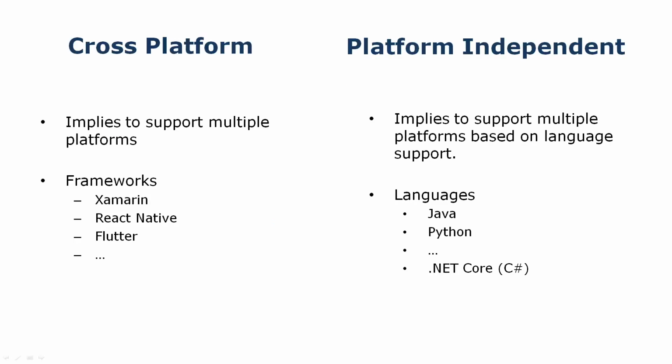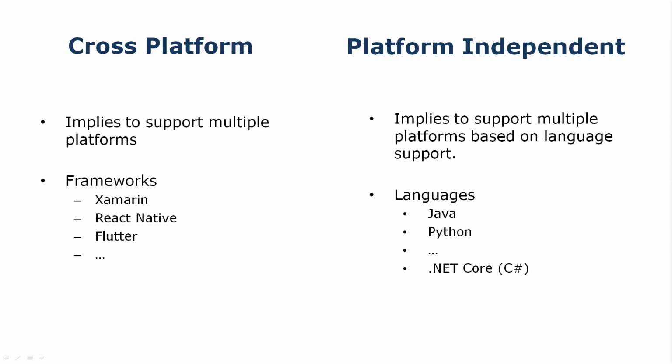There are a couple of phrases which are very often used interchangeably. One is cross-platform, another is platform independent. Cross-platform implies supporting multiple platforms, whereas platform independent also implies supporting multiple platforms, but based on language support.